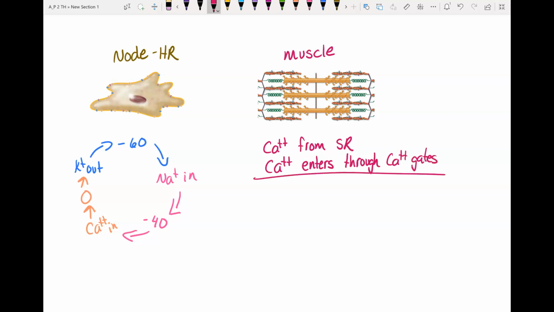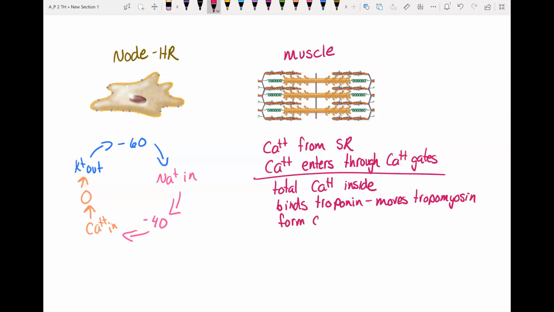So you get your total amount of calcium inside the myocardial cell. This binds troponin, which then moves tropomyosin so that you can form cross bridges.